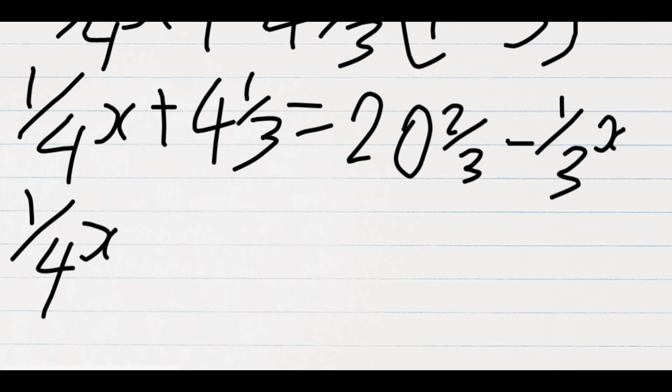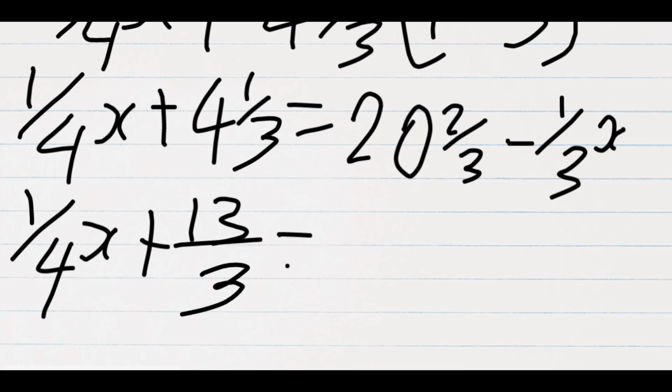So we have 13 all over 3 is equal to 3 times 20 is 60, and 60 plus 2 is 62. So we'll have 62 all over 3 minus 1 over 3x.